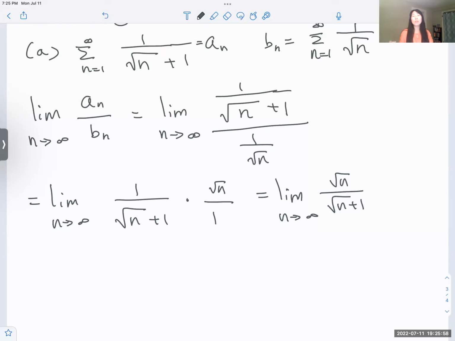How do we take the limit of this one when n approaches positive infinity, right? So we don't care about the constant term, right? So what do you get?